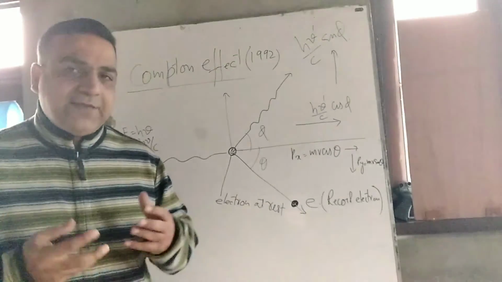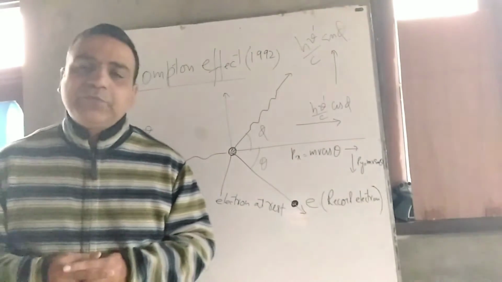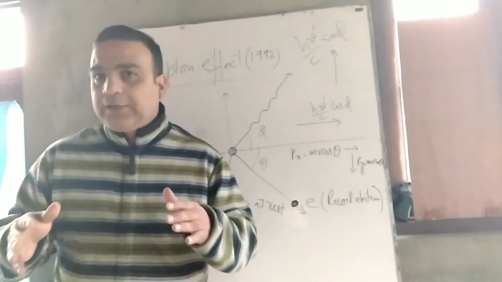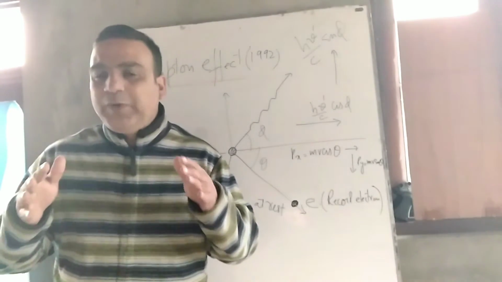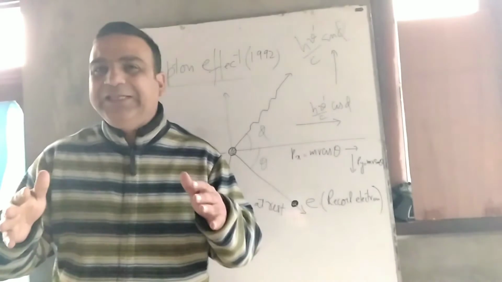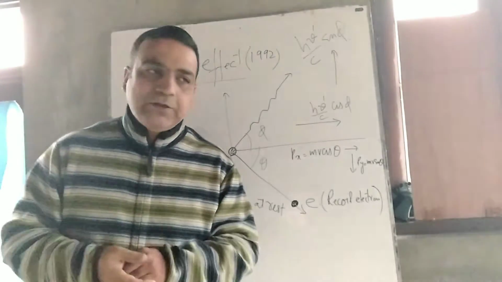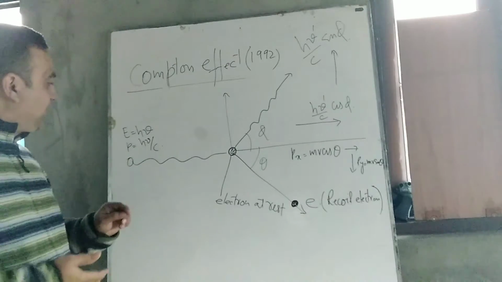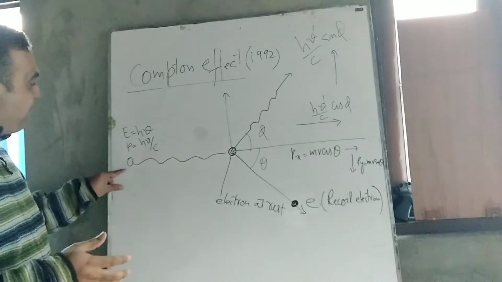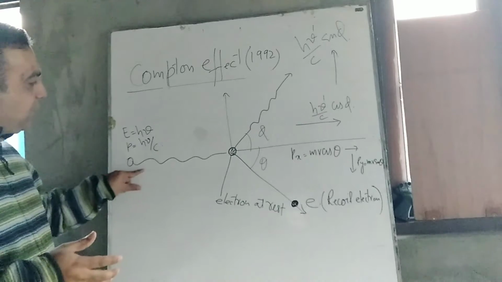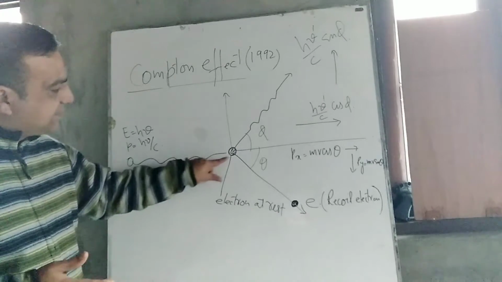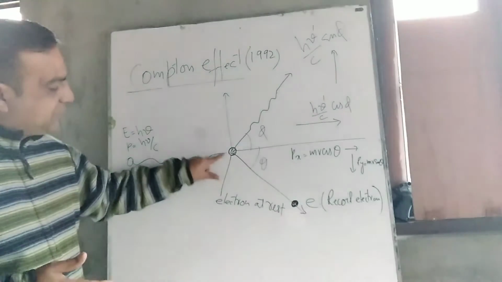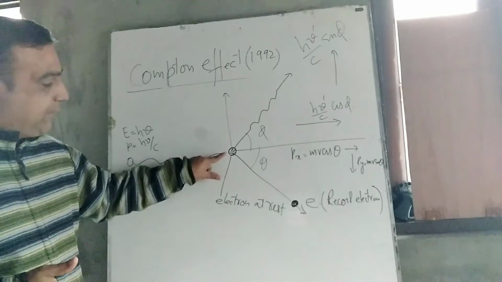And the second important thing here is that the electron is treated to be at rest. So the electron will behave as a target. You can see this diagram. You have a photon, and this photon is going to hit this electron, which is momentarily assumed to be at rest.